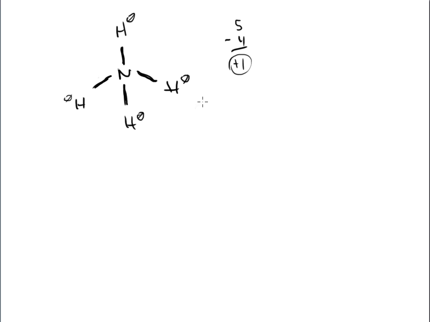That means the formal charge on that nitrogen is a positive, which means that this molecule is no longer neutral, which means that the nitrogen in this area of the molecule will be a positive red area if we are to represent that with computer mapping or electrostatic potential mapping.